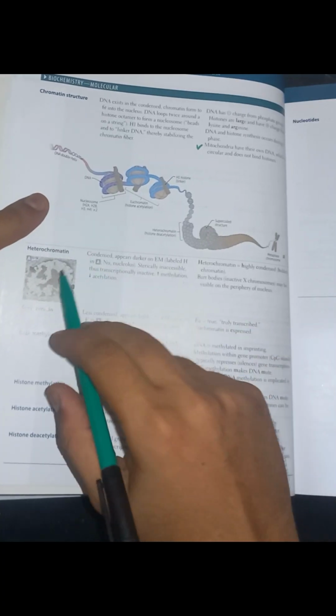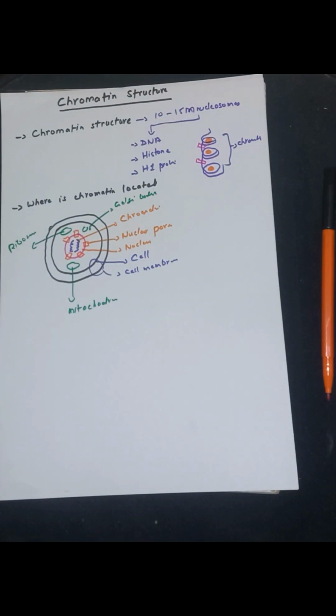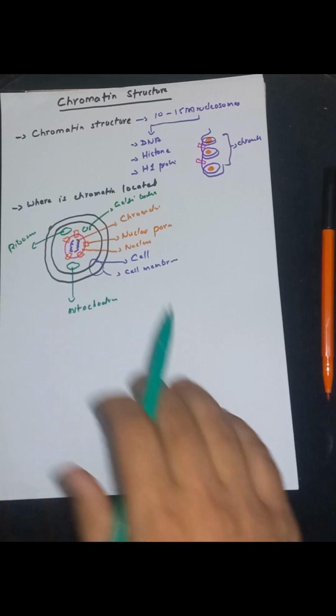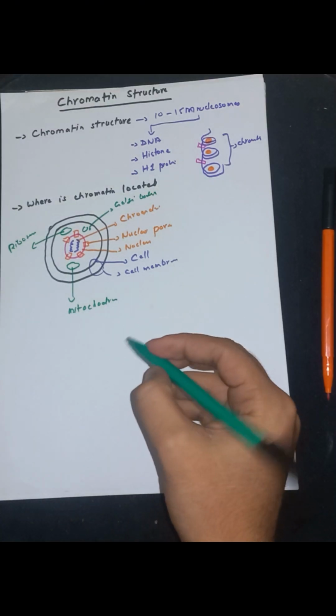So if you want to understand this, you have to go a little bit deeper, and you definitely need a tutor who will teach you. So I'm going to teach you what this is. So now let's look at this.